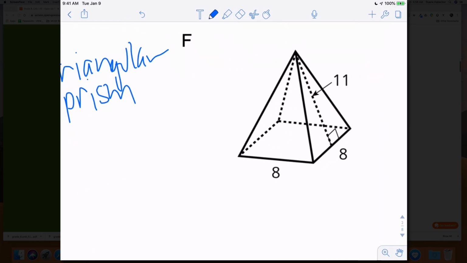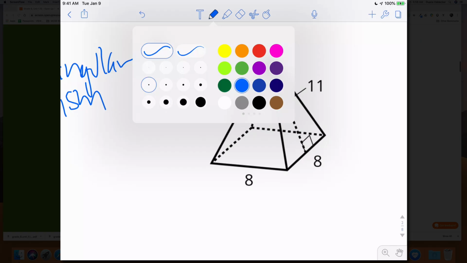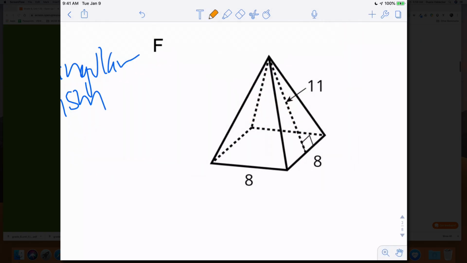Same idea here. Now, the reason I showed this one is it doesn't clearly indicate this, but parents and teachers, you might want to, if students have the question. So we clearly see that the base right here is an 8 by 8 square, and we see that the height of this triangle right here is 11.